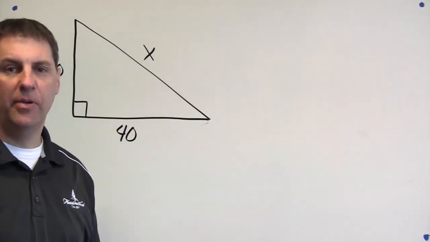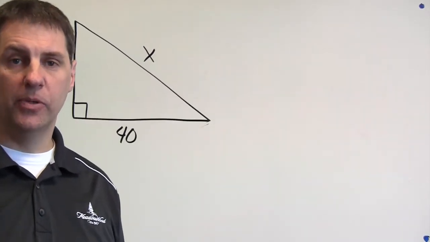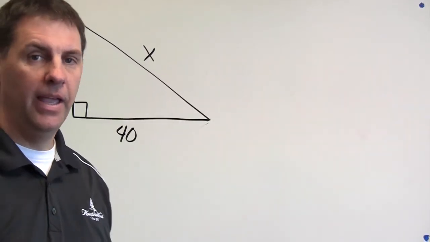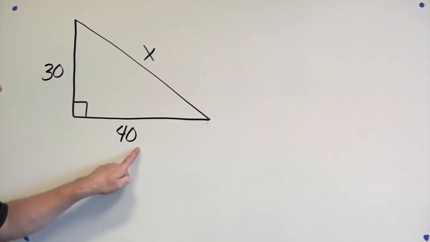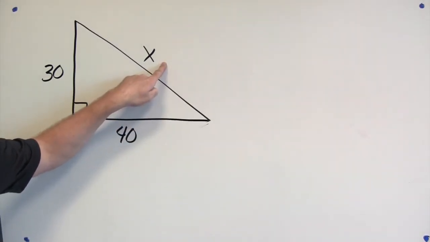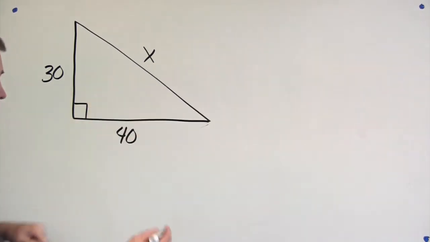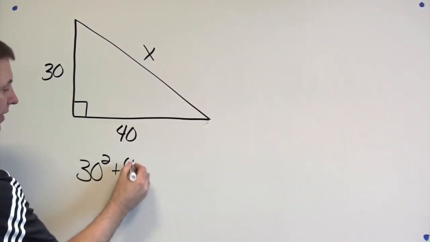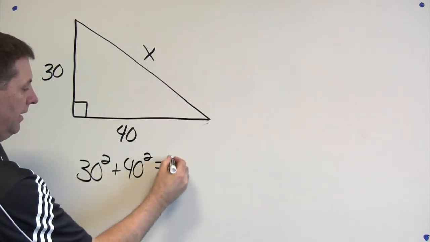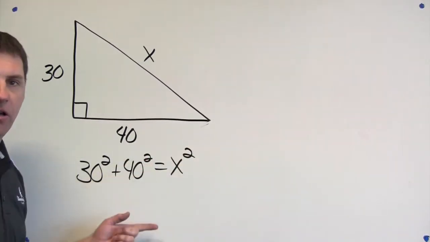Here's a simple example that would show you that if you know your triples, you're going to save yourself some time. Here I have a right triangle, and I've got one leg 30, one leg 40, and I'm looking for the hypotenuse. So one way would be to take 30 squared plus 40 squared, set it equal to x squared, and solve.